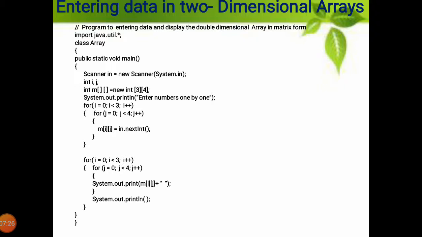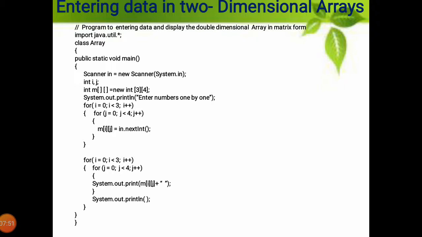It starts from M00, then 01, then 02, and so on. First it asks the values for the first row, then in the same way for the second row, then for the third row, and each time it asks 4 values for each row.